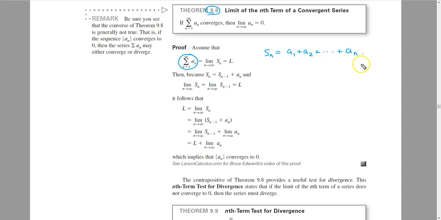That's the nth partial sum. And I have an a1 here written. If this were the sum from 0 to infinity, I would have an a0 here first. Okay. So the limit as n goes to infinity of this quantity must be L. That's what we define the infinite series to equal. It's the limit as n goes to infinity of the nth partial sum.